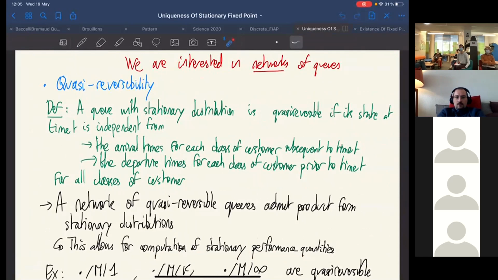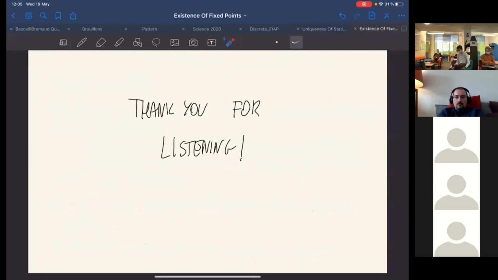So the idea is that sometimes when you look at these infinite tandems of queues, you can see them as very specific networks of queues, which arise in certain network models.